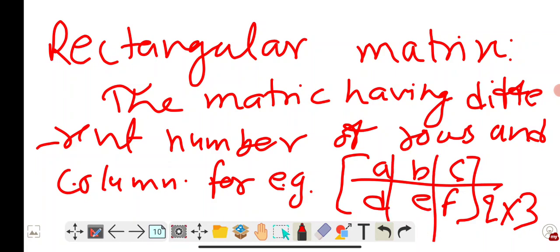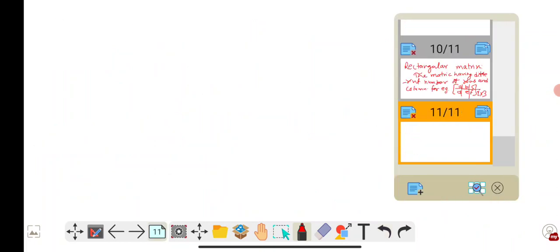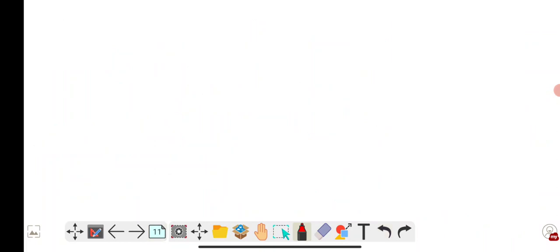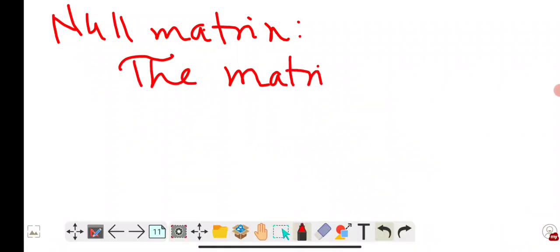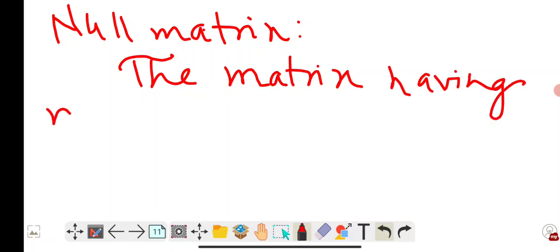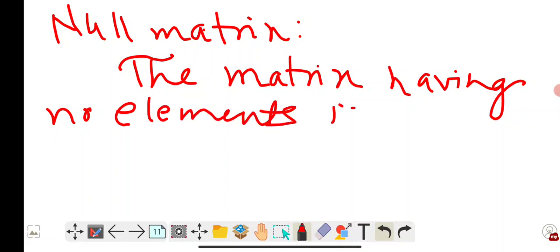Now the next matrix is null matrix. What is a null matrix? The matrix having no nonzero elements is called a null matrix.